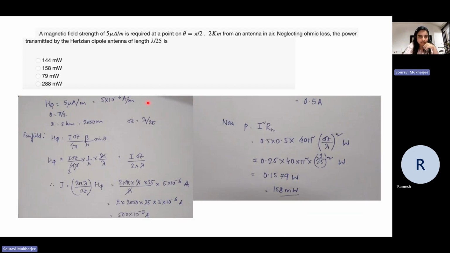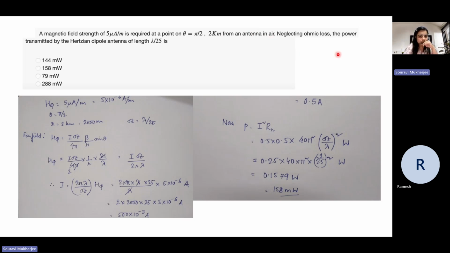Okay. Now coming back to what we had discussed, there are all these different kinds of questions that can come up, but these are very standard, straightforward questions. One such question could be that the magnetic field strength is given at a particular theta and a particular distance from your antenna, and it's in air, so the medium property is specified.